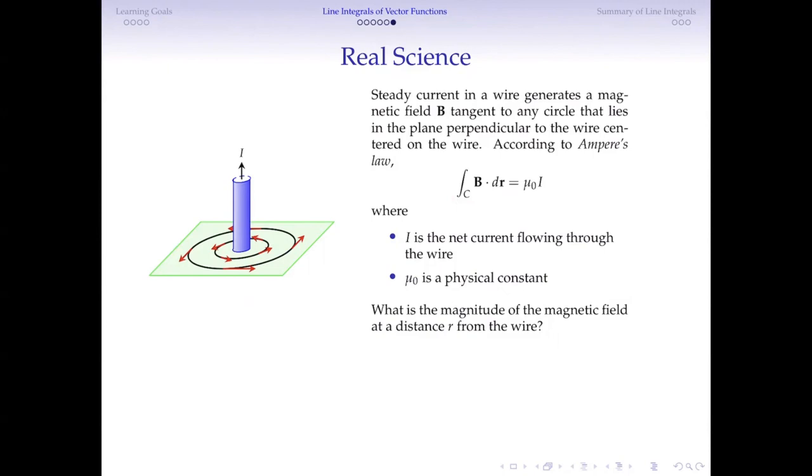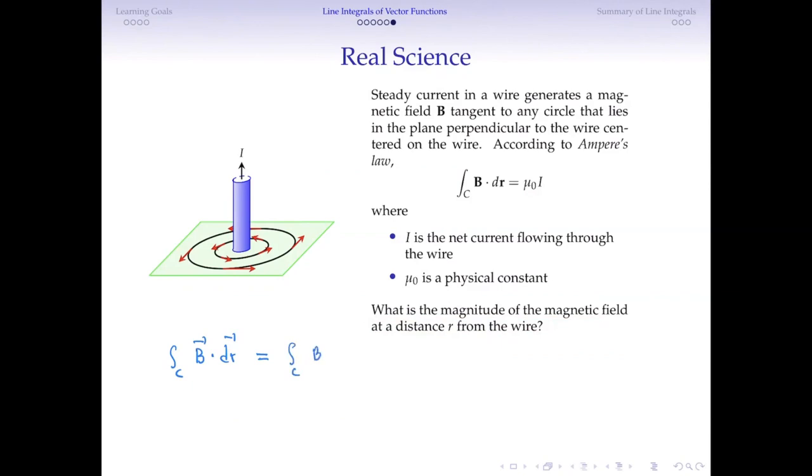Ampere's law says something very precise about that integral around a circle. It always must be a physical constant times the current being carried. So the question is, what is the magnitude of the magnetic field at a distance r from the wire? And to figure that out, let's think about what this circulation integral must be.